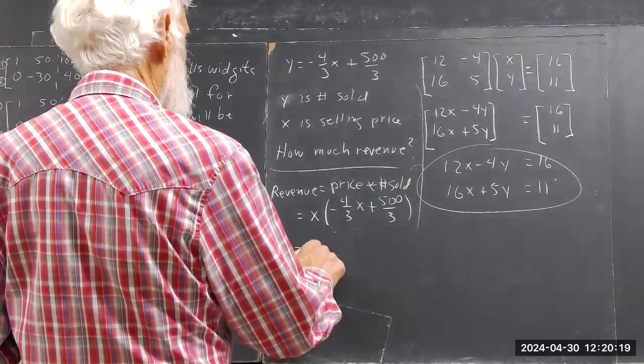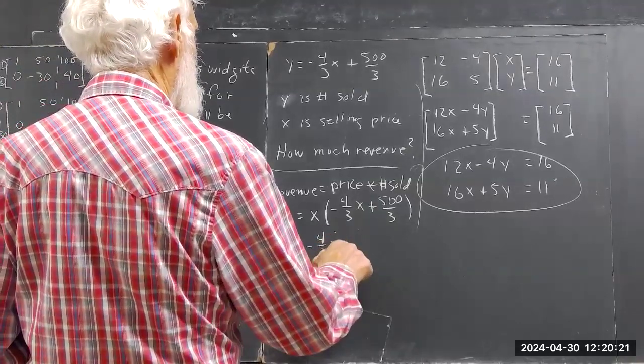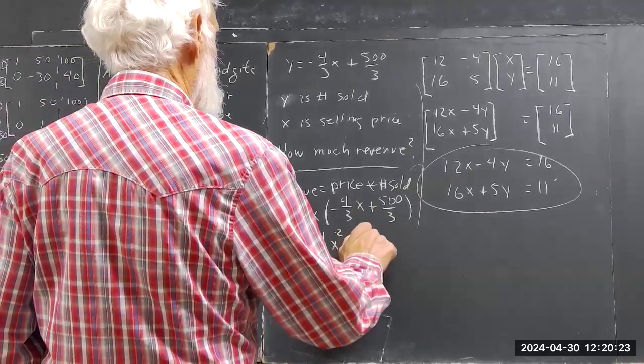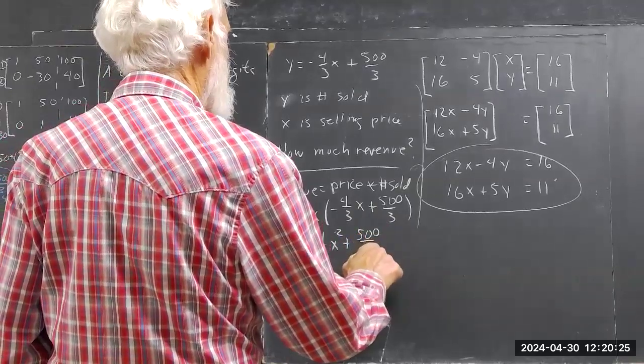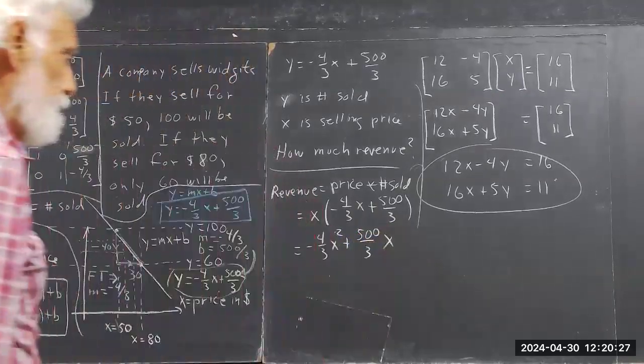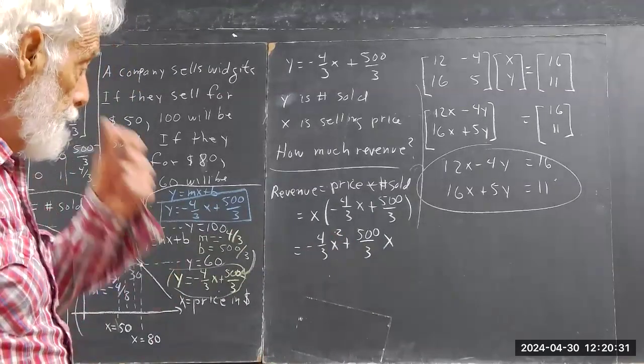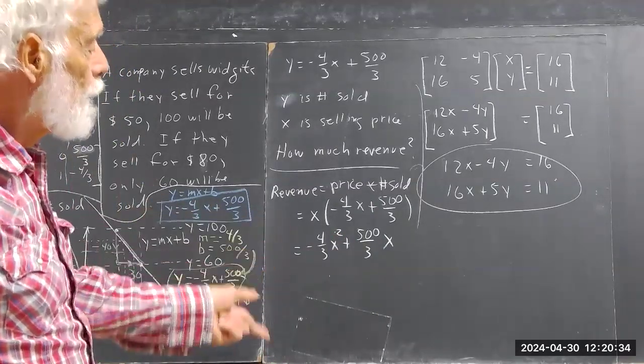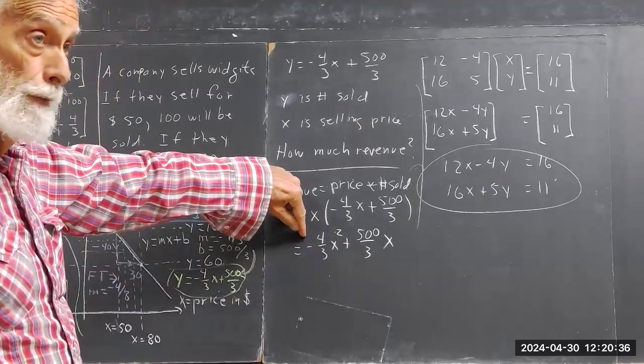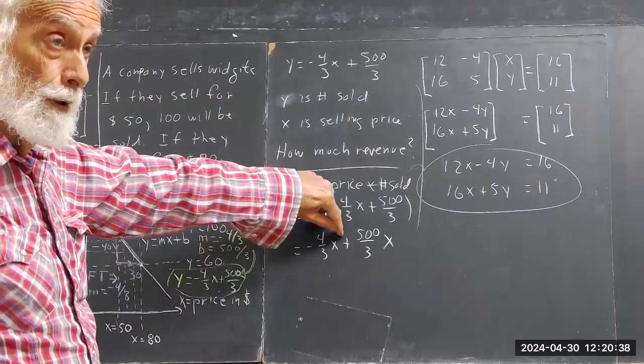And what do we get? We get negative 4/3 X squared plus 500/3 X. What's this? It's a quadratic function. It opens downward because we have a negative coefficient on X squared.